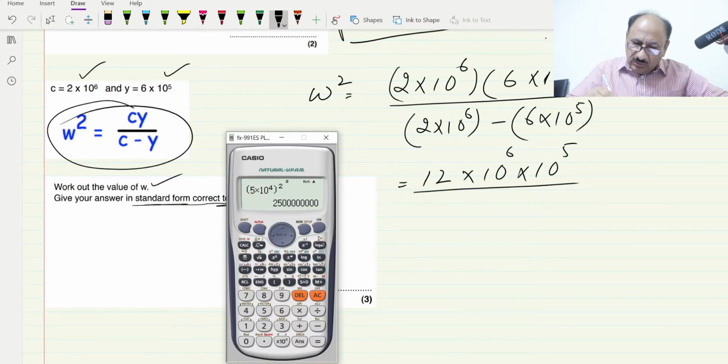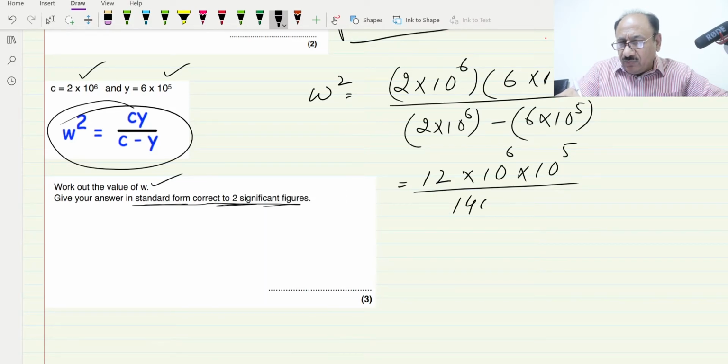In brackets 2 into 10 raised to the power 6, bracket closed, minus 6 into 10 raised to the power 5, this is equal to 14 followed by 1, 2, 3, 4, 5 zeros.